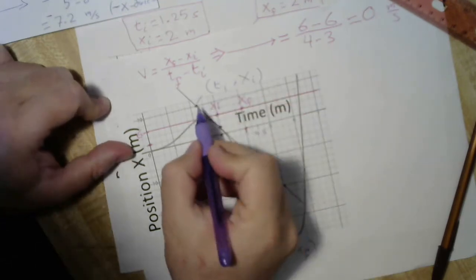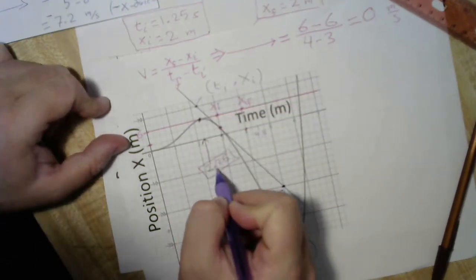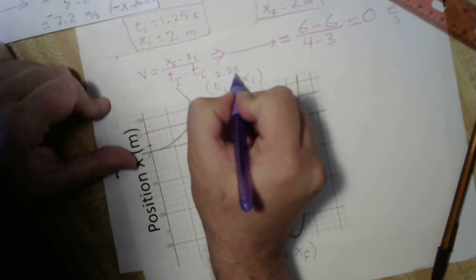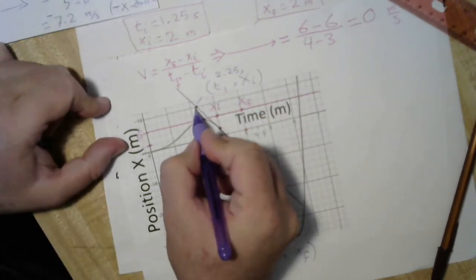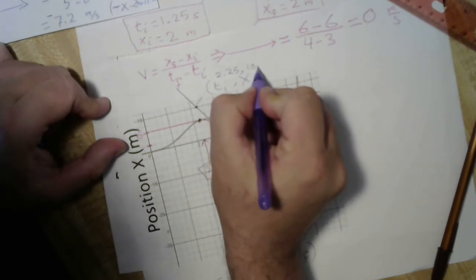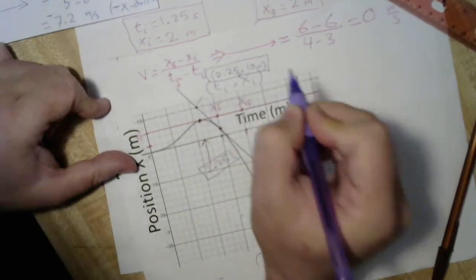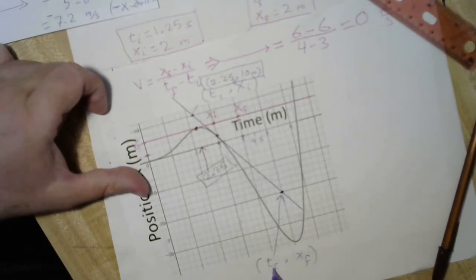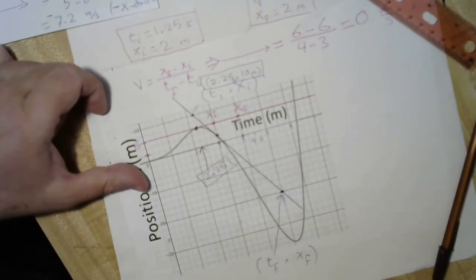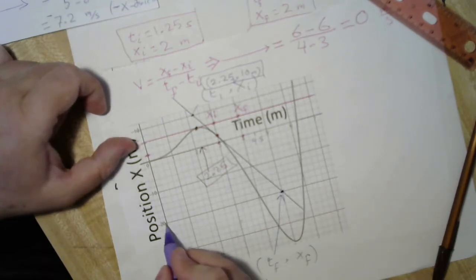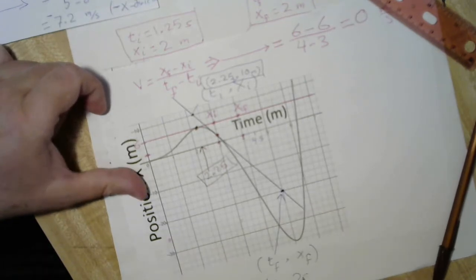Okay, t initial is 2.25 seconds. X initial is 10 meters. Here t final is 5 seconds. X final is 20 meters.